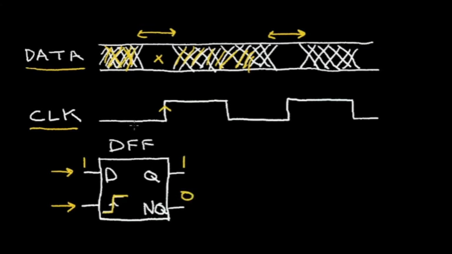Now, if I have a 0 for the data signal, and clock transitions high, a 0 will be transferred to the Q output, and the not Q will be the opposite. It will be a logical 1. So let's consider how we can design a D-Flip Flop so that when the clock transitions high, we grab the data. When this later clock transitions high, we grab this data.